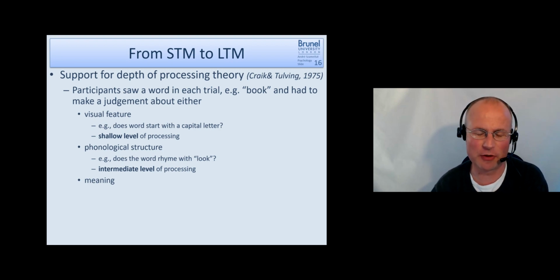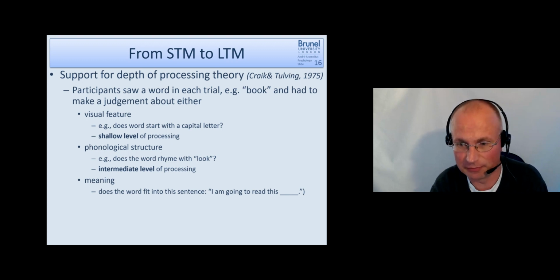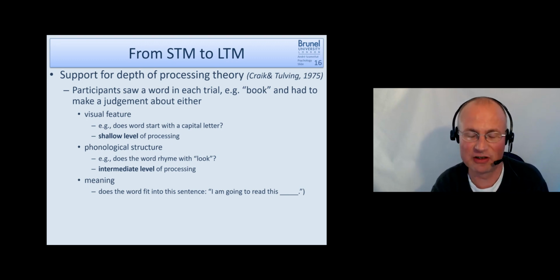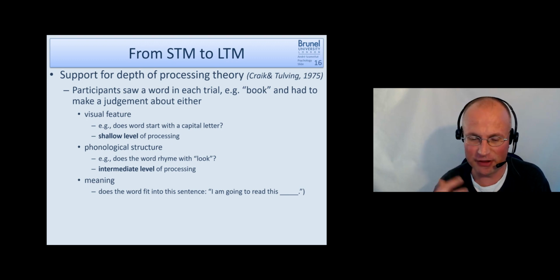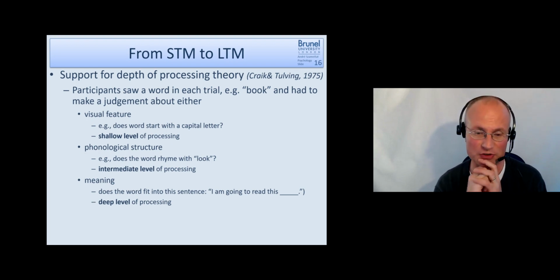Participants had to process the semantics of the word. For instance, does the word fit into this sentence? I am going to read this. And if it's book, then yes, it fits. For that, you have to do a semantic thing. So in this experiment, it's the deepest level of processing they tried.